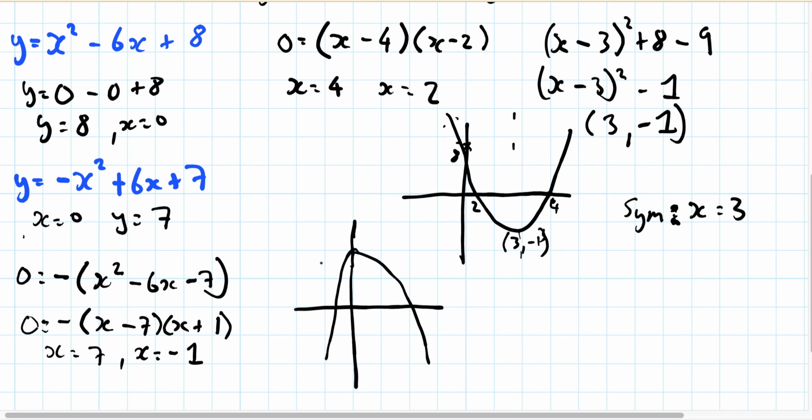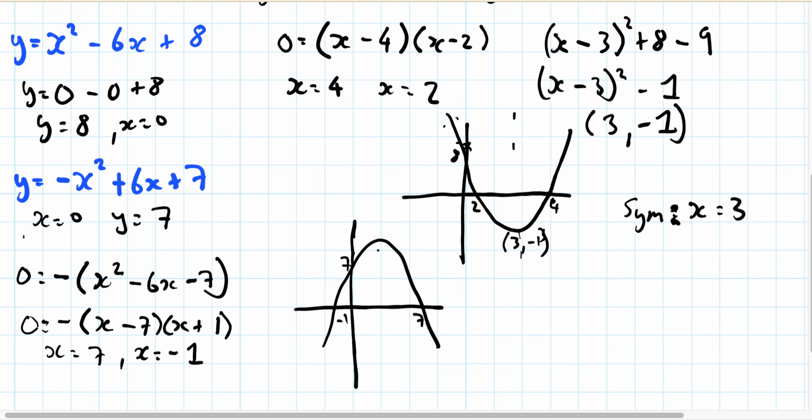Because there's a negative, I know this is minus 1, this is 7. Maybe I should draw it a bit better. So I'll just draw it like this: minus 1, 7, and 7.